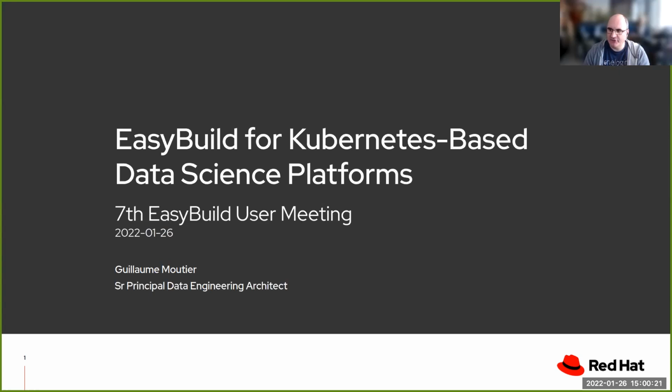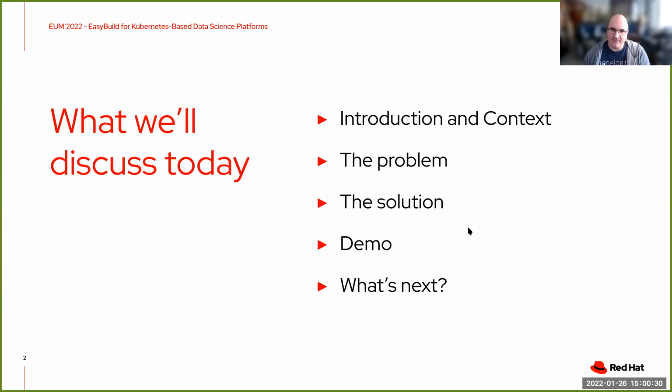After so many newbie questions that I asked on the Slack channel, it's about time that I explain a little bit more what I am doing with EasyBuild. So today we're going to see briefly what it is all about, what I am doing at Red Hat, the problem that we may face at some point with the way we are working, the solution that will obviously involve EasyBuild, demos on what exactly it looks like, and then there are some points that maybe I would like to discuss with the community.